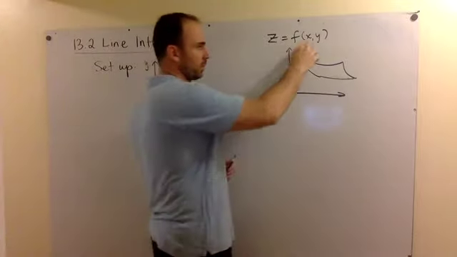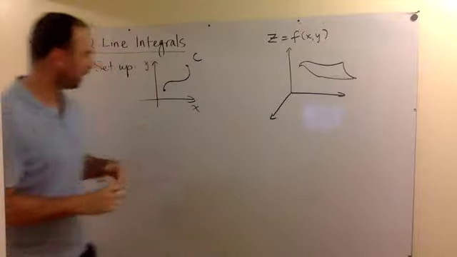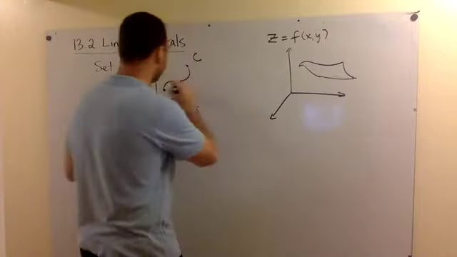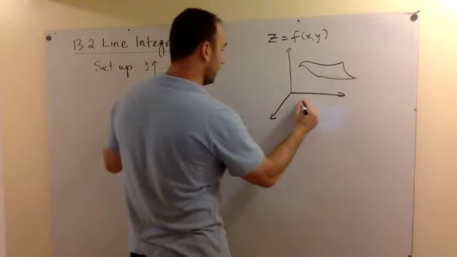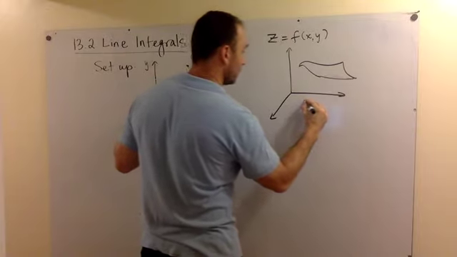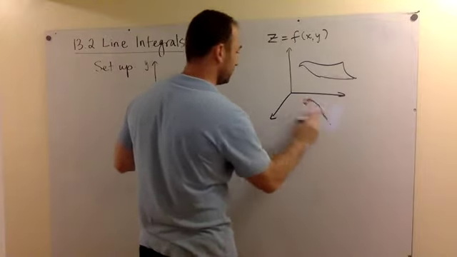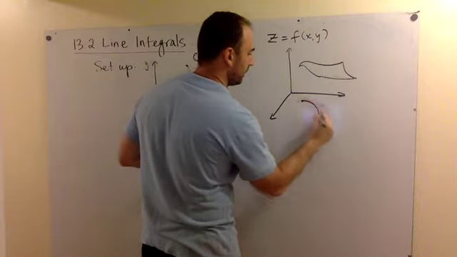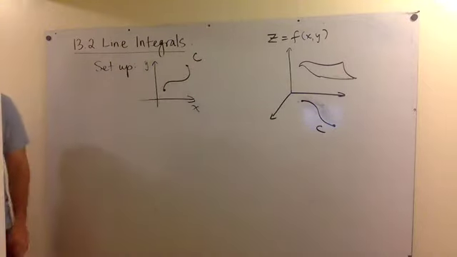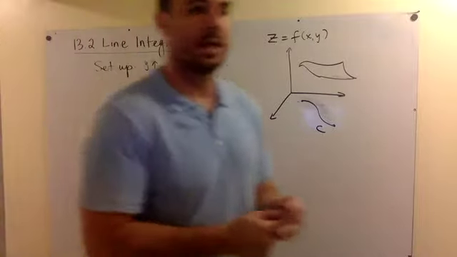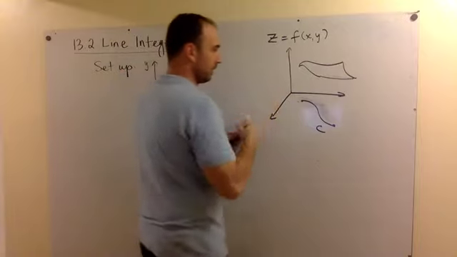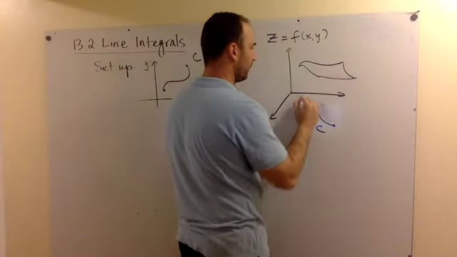It's some function, so remember I plug in x and y down here. And now what a line integral is, if I draw this curve down here. So here's my curve, C, and I look at what happens to my function values up above this curve.